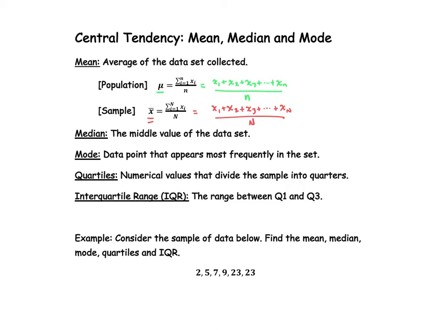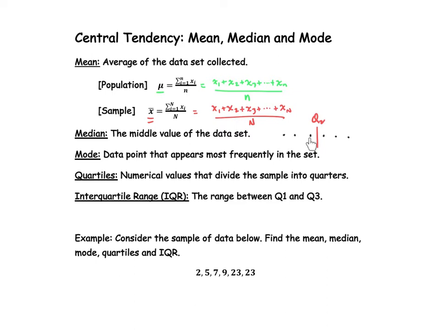Okay, on to the next point of central tendency, the median. This is the middle value of the data set. So if you have an even number of data points, I'm going to represent them with these dots. Here's 6 data points. The median, referred to typically as Q2, will land between the middle two.